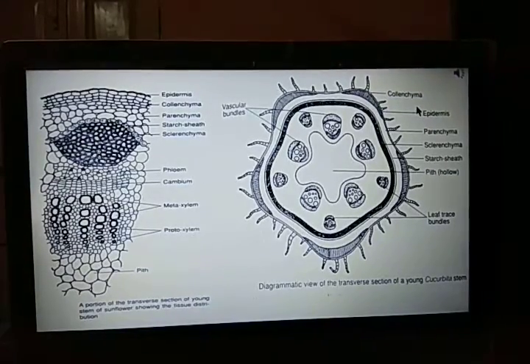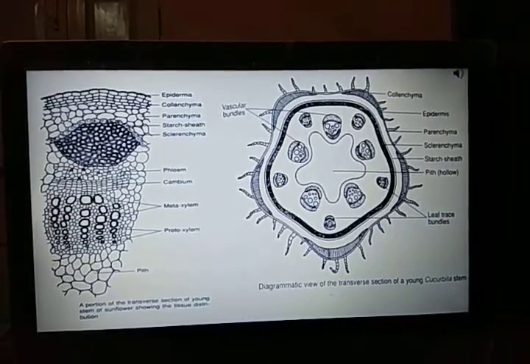Now this is the cellular diagram of a sunflower stem, which is a dicot plant. Here you can see the epidermis, the cuticulate epidermis. Then this is the collenchyma, the collenchymatous region, which is present as a band.